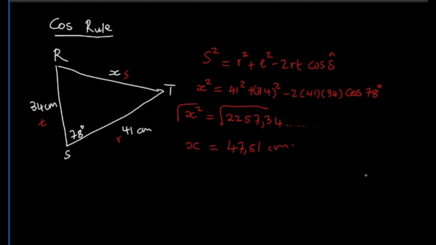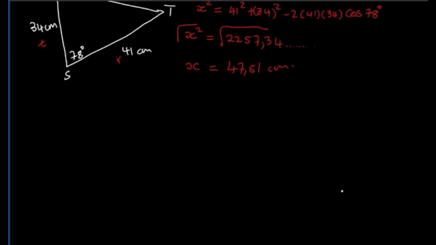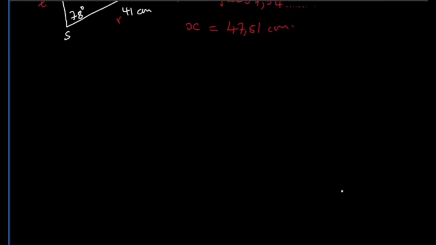Yes, sir. So now let me help you how to find, let's say they want you to find the angle this time. To find the angle, you need to apply everything that you know from trigonometry part 1.